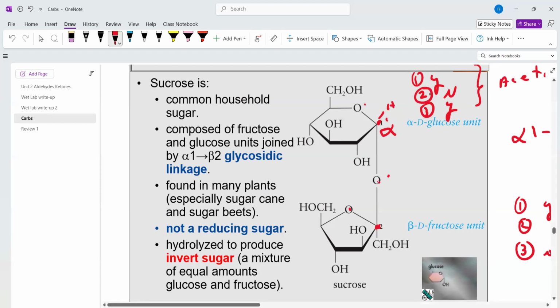Okay, so that linkage is different. This is an alpha 1 beta 2. Okay, so first of all, are there any hemiacetals present? Well, here's an OCO, no hydroxyl group, so that's not a hemi.